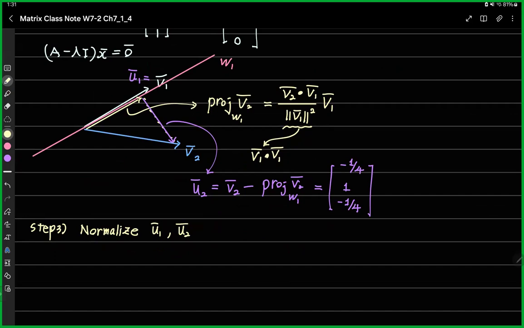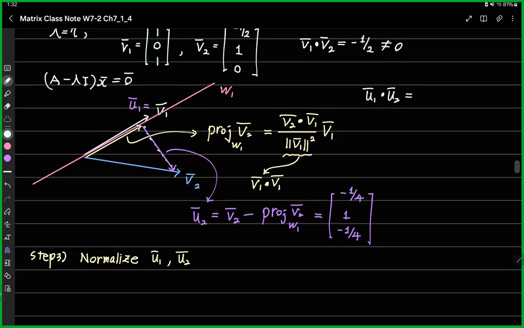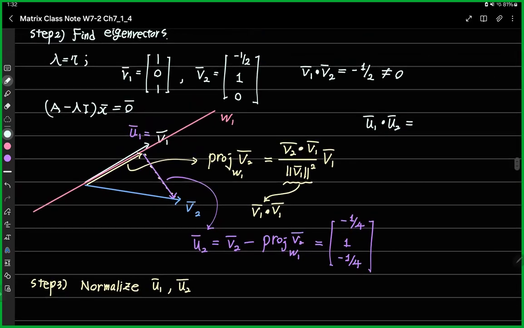By the way, let me check it. If U1 and U2 are really orthogonal, U1 dot U2 should be 0. Don't forget to check this. So -1/4, oh, this is positive 1/4, sorry.